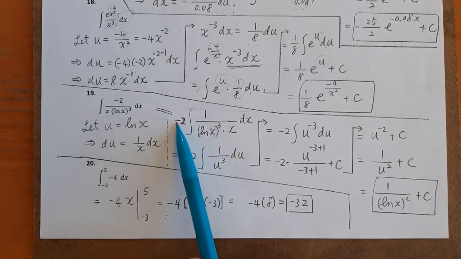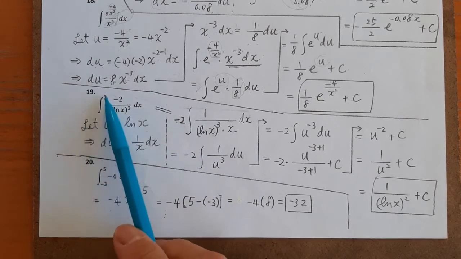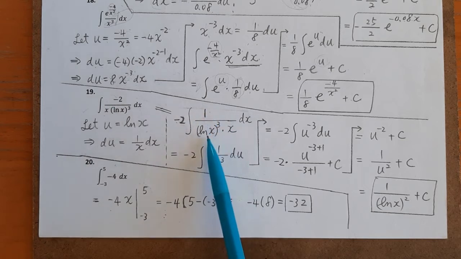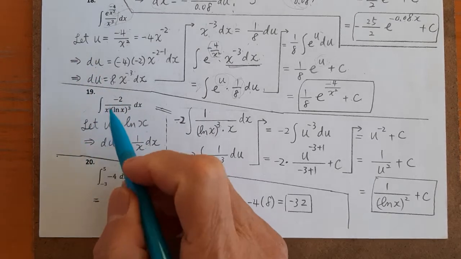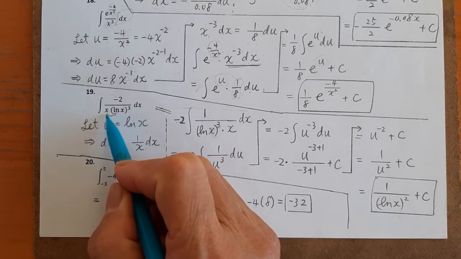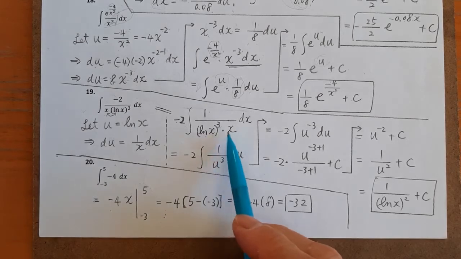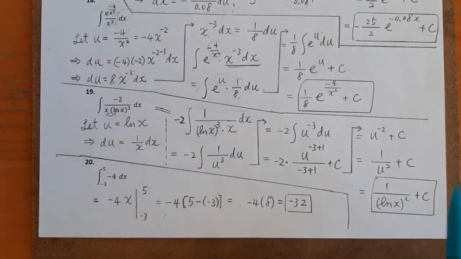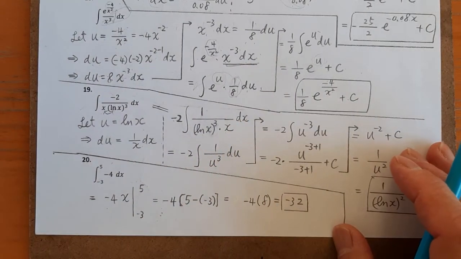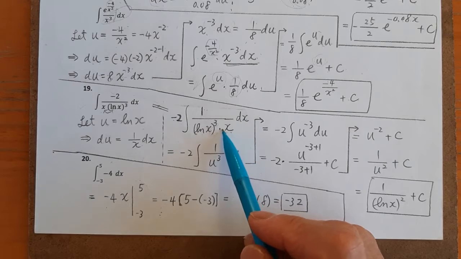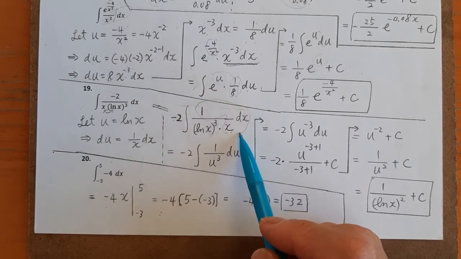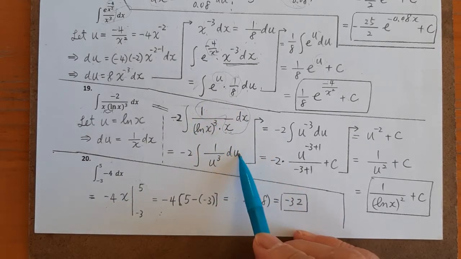Then the original question is negative 2 factored out and becomes 1 over ln x to the power 3. I used the commutative property of multiplication. You can change the order and times 1 over x dx. And then this one, 1 over x dx, is substituted by du.